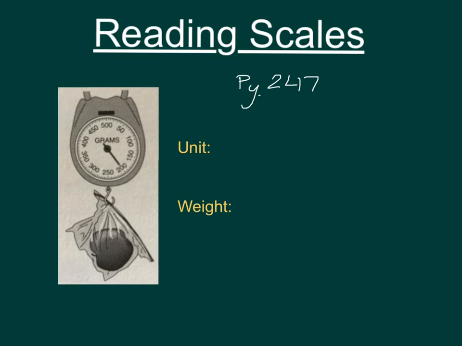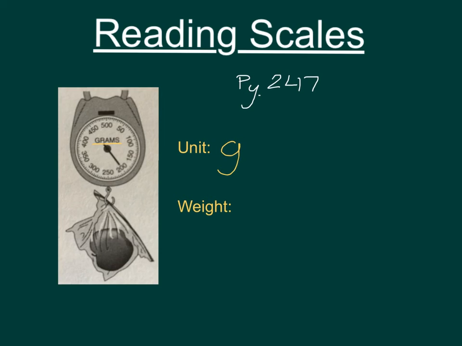When reading a scale, there's 2 things we need to consider: the unit and the weight. So the unit is what we're measuring. When I look on the scale up here, I'm noticing the unit is grams. So I'm going to put a G for grams. Now, when I take the weight, I'm going to take the weight similar to how I would read a ruler or a clock.